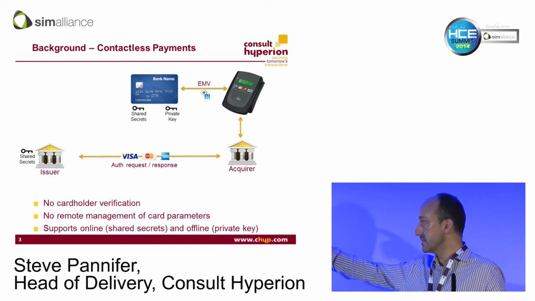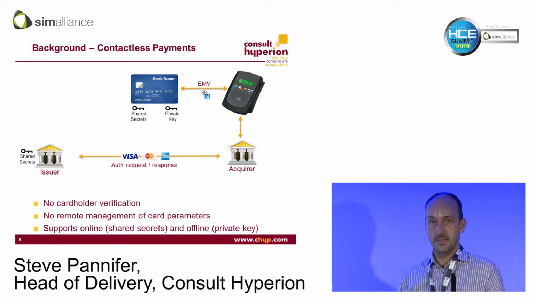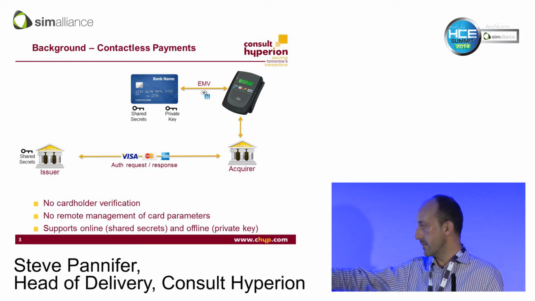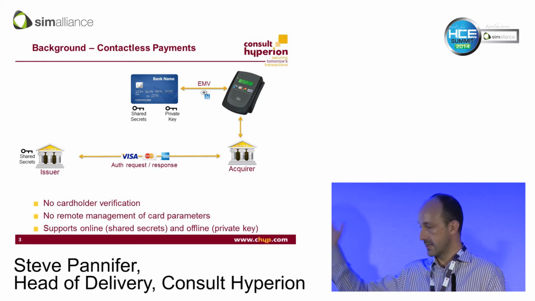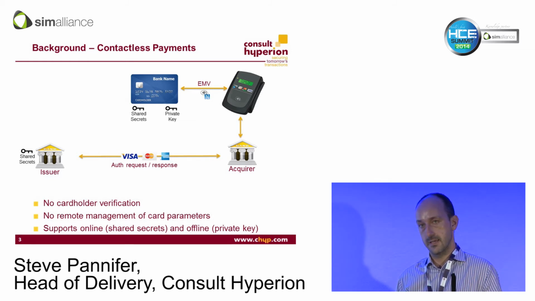When the card sends a transaction to the terminal, it's signing a cryptogram with that shared key, which passes through the payment network to the issuer, and the issuer knows that key and can check that the cryptogram is correct.